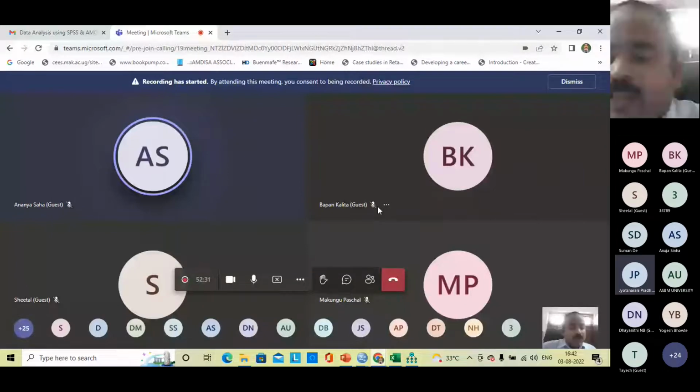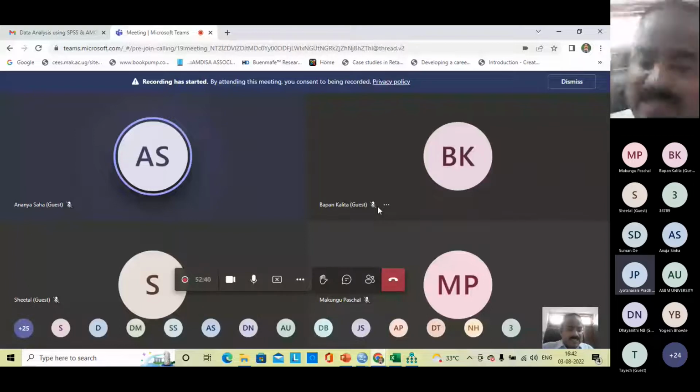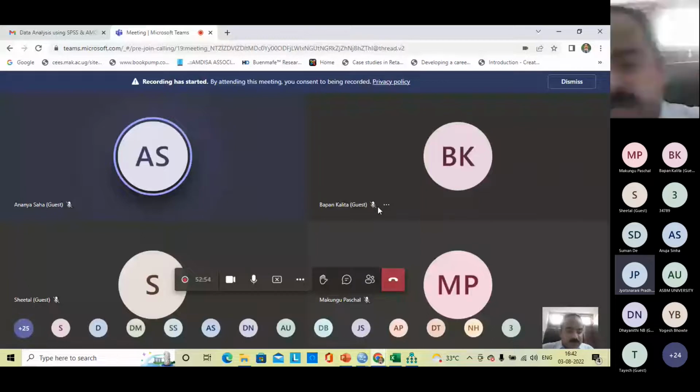Only in gender and marital status I have made some modification which is suitable for this testing, because some missing values were there. So I sent the same data set yesterday to the organizer, with modifications suitable for our analysis today.